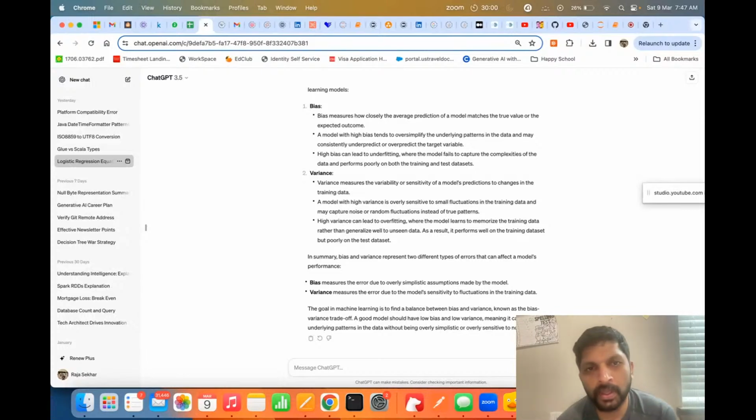Okay, coming back to bias and variance, and training data and test data. You create a pattern, and our objective is to reduce the loss. You can reduce the loss, but the question is how much you can reduce it.